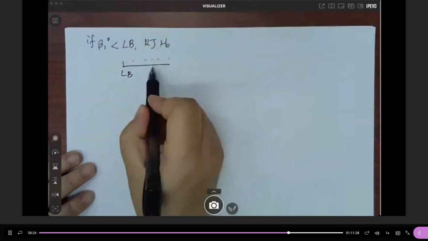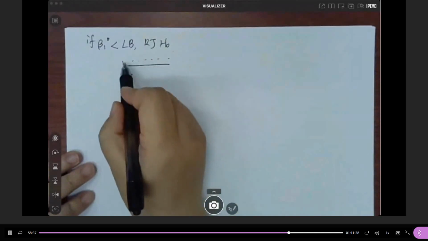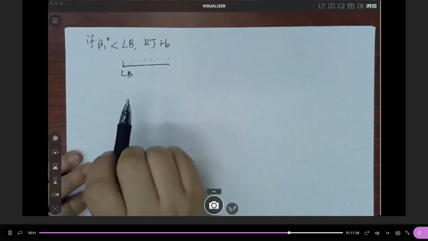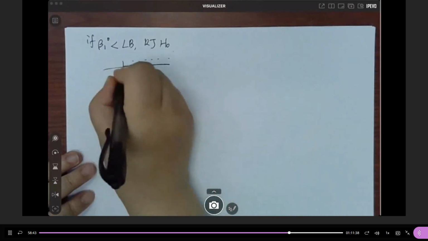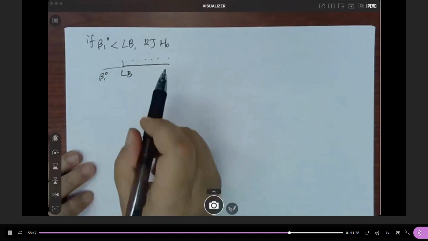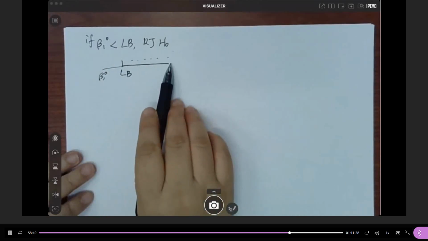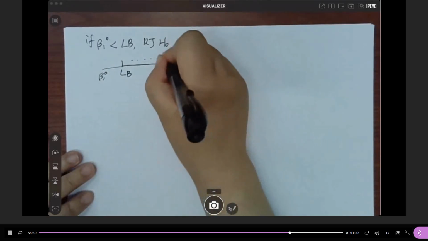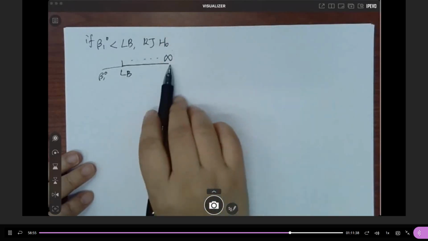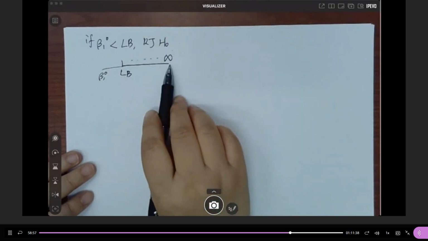You are 95% confident that the true population parameter is located this way, upward. However, you are given a value beta 1 naught here, which is outside of this. Consider this an open-sided interval. The other side is infinity. You can look at this as a lower bound to infinity.